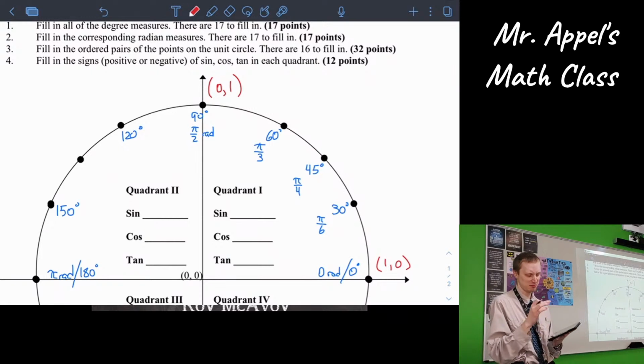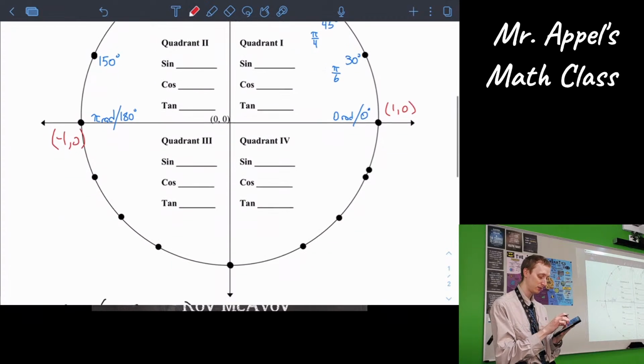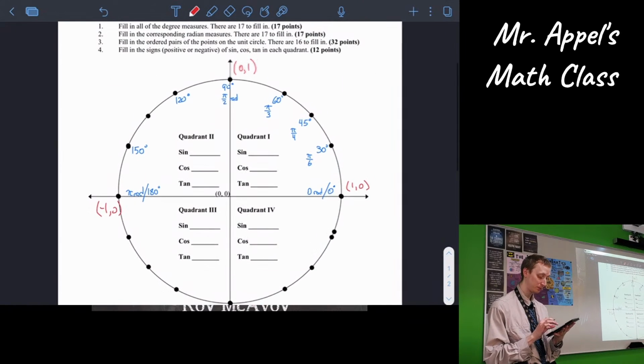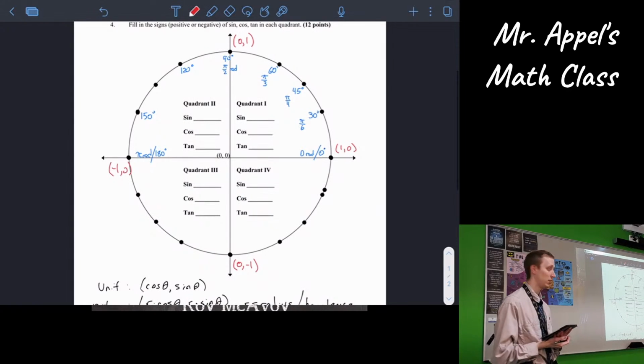Those are the easiest. In fact, let's just fill in the rest. This has to be -1, 0. And this guy down here would be, coordinates on the outside, 0, -1. Right there. Okay. They're all on screen.